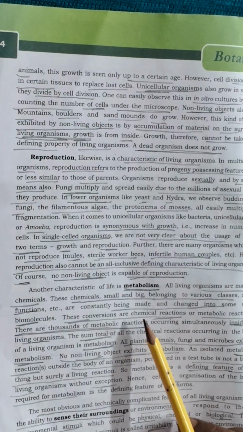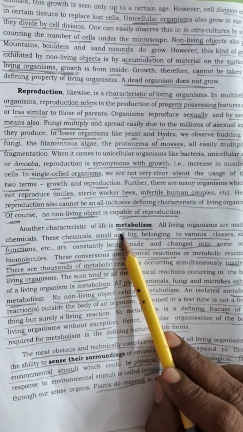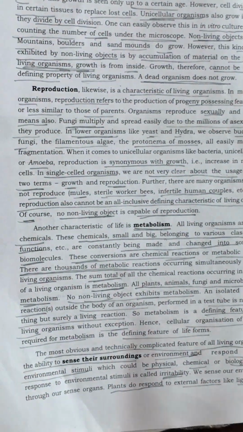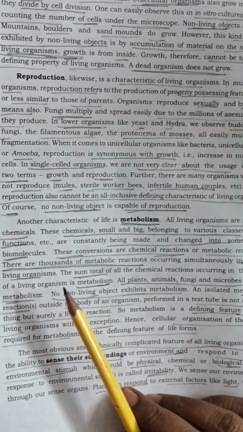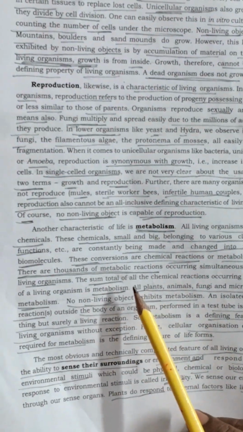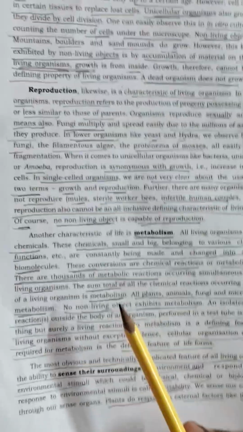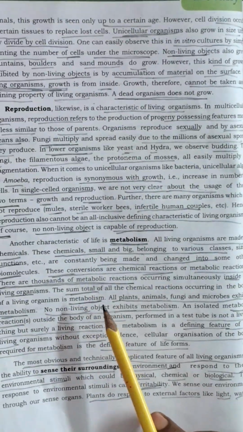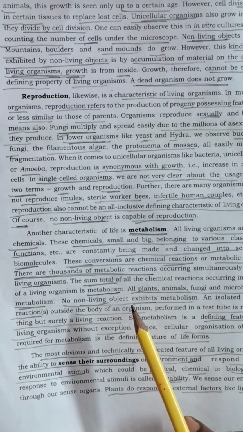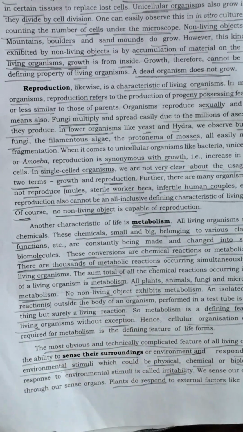Another characteristic is metabolism. All living things, we know, are made up of chemicals. The small and big chemicals belong to various classes, sizes, functions, etc. They are constantly being made and changed into other biomolecules.